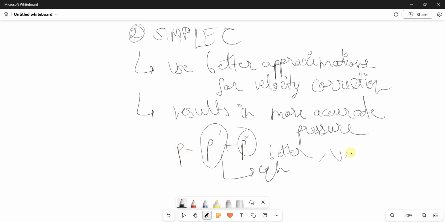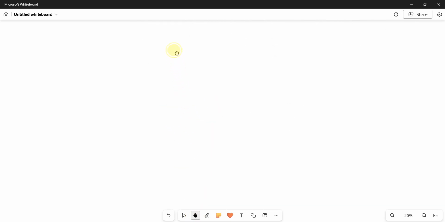I mean, you first correct the values of velocity, and then using the control factor, that is pressure, you get an even better correction term for pressure, because of which you get a more accurate value for the pressure, right? So in short, the residuals become smaller at a faster rate than the normal SIMPLE method.